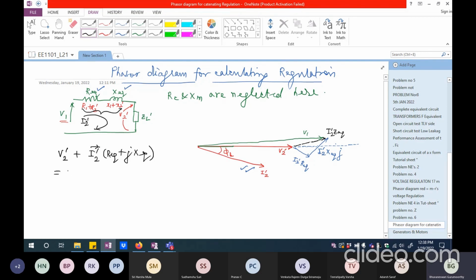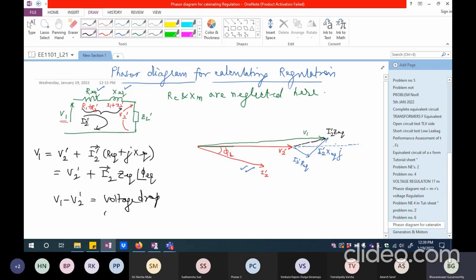So I can write this as V2 dash plus I2 dash vector multiplied by Z equivalent, not only the magnitude but along with the phase angle. Let me call this phase angle phi equivalent, which is the phase angle of Z equivalent. So this is going to be the voltage V1. And for calculating regulation, I can write V1 minus V2 dash is the total voltage drop in the transformer.